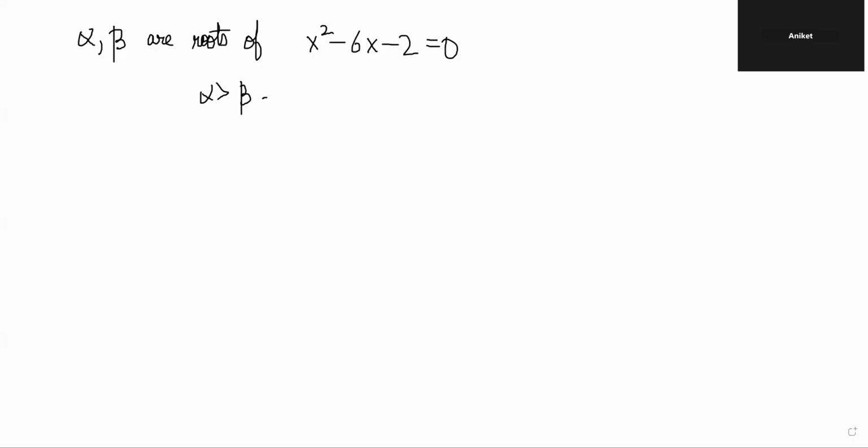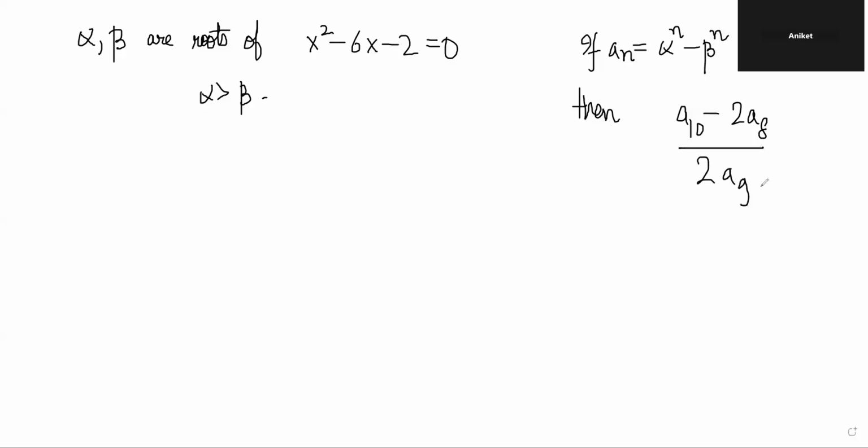If an is equal to alpha power n minus beta power n, then we have to find out a10 minus 2a8 over 2a9. Okay, and this relation is valid for n greater than or equal to 1.